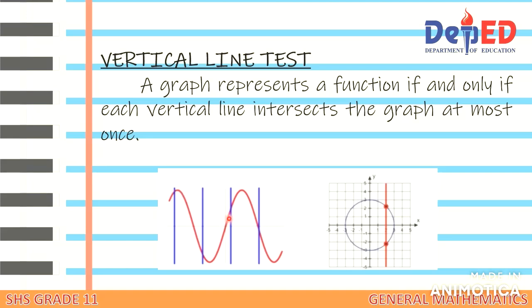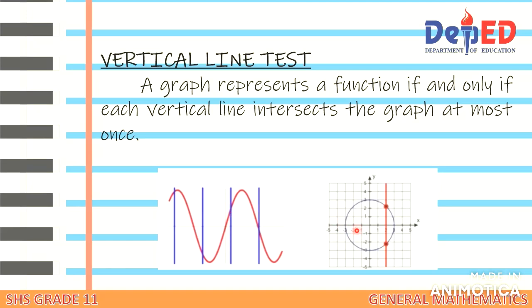In the first graph, the blue line is the vertical line and the red line is the graph. If we draw a vertical line here, we can only have one point of intersection. So this graph is a function.